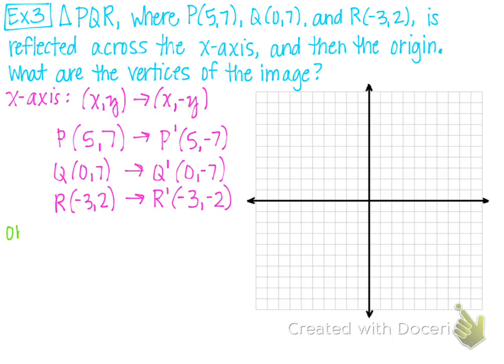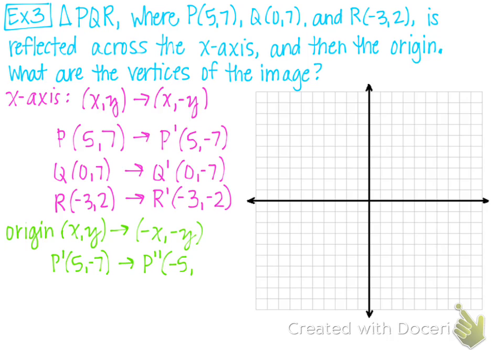So for the origin reflection, we take our point and we're changing it to negative x, negative y. So this time we're taking these points, we're starting with these, and we're going to change the sign of both of them. So P prime is at 5, negative 7. So we're going to double prime it because we did two different things to it. So we have a negative 5, positive 7.